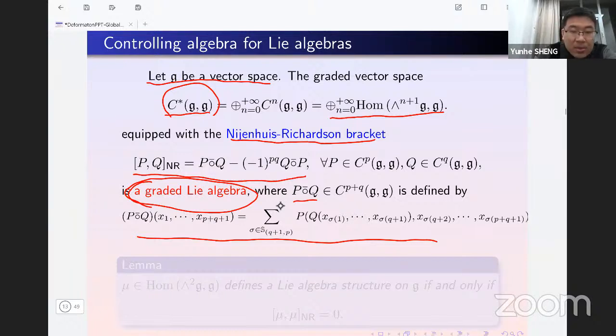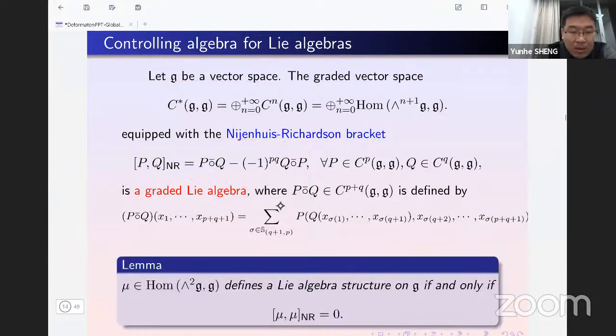This graded Lie algebra turns out to be the controlling algebra for Lie algebras. Namely, for a linear map mu from wedge^2 g to g, mu defines a Lie algebra structure on g if and only if the bracket of mu and mu is 0. Namely, mu is a Maurer-Cartan element of this graded Lie algebra. Because this is a graded Lie algebra, there is no differential, so note this term: just the bracket of mu and mu is 0.